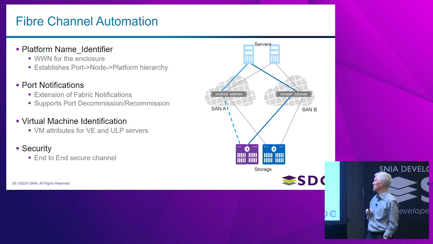Port notifications is an extension of fabric notifications that effectively provides a safe switching type of operation. It's a signaling mechanism, like fabric notifications, that allows the system to tell the affected devices when a particular port is going to go out of service. So there would be an end user or automation initiated event that's going to take a port out of service, and a signal is sent to ask, is it okay to take that port out of service?